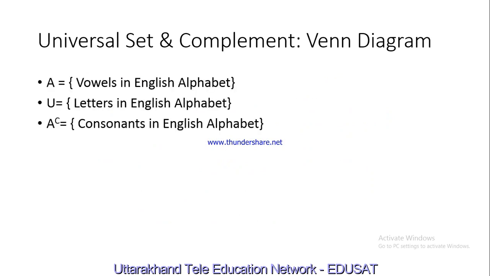And we had also talked about the Venn diagram, which can be used to represent the sets, and we discussed how Venn diagram is used to represent the universal set and its complement.